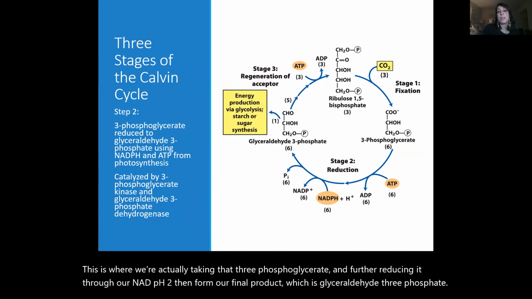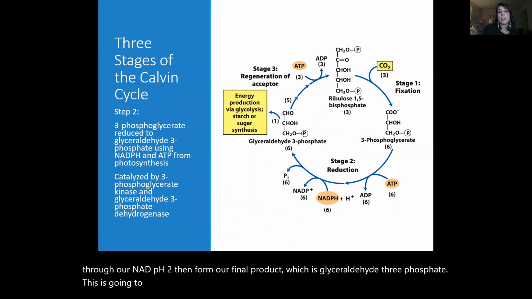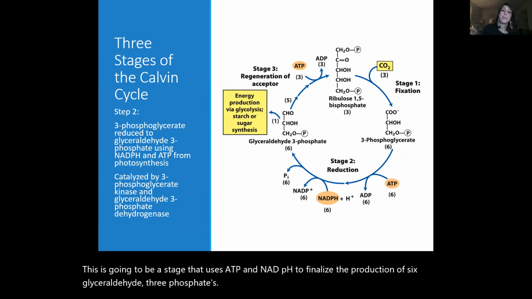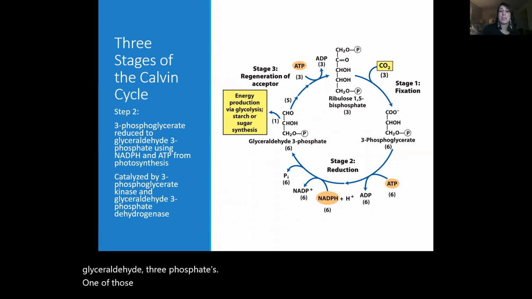This is going to be a stage that uses ATP and NADPH to finalize the production of 6 glyceraldehyde 3-phosphates. One of those 6 glyceraldehyde 3-phosphates is going to exit the Calvin cycle at the end of this stage.